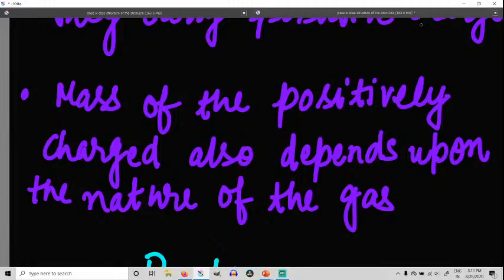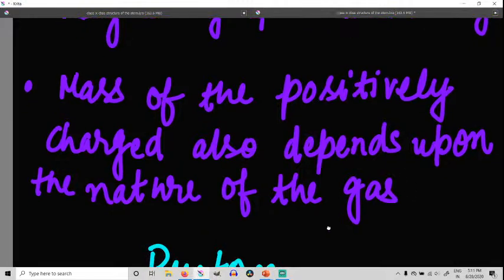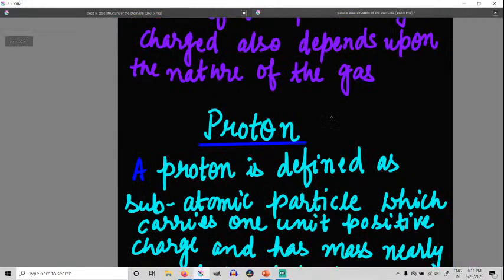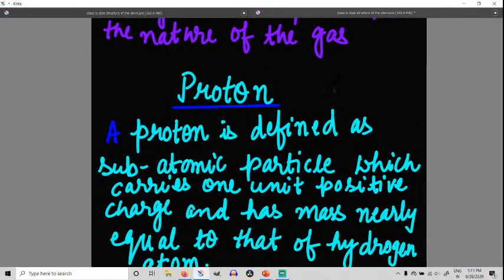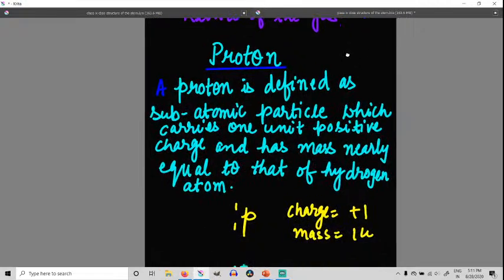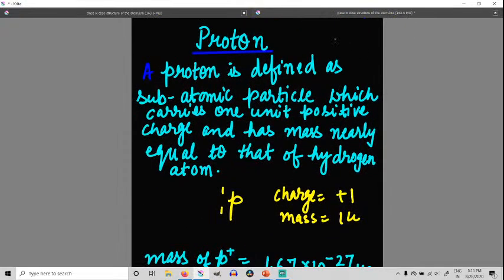Now the question comes: how can we define a proton? The definition says that a proton is a subatomic, or fundamental, particle.